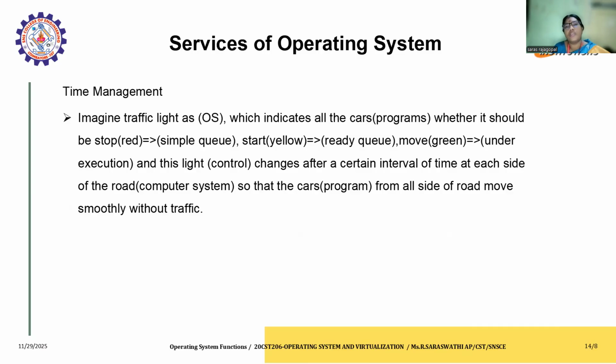Similarly, the OS performs the best time management functions. Example: imagine a traffic light system with three signals. A red signal means stop, a yellow signal means start, and a green signal means move. The light is in control over the cars.